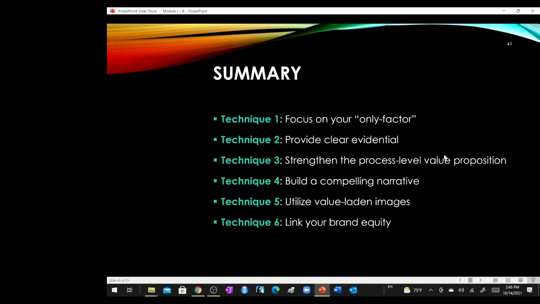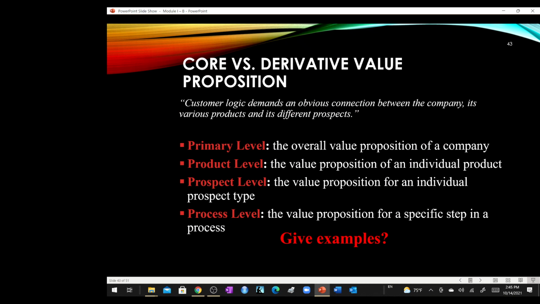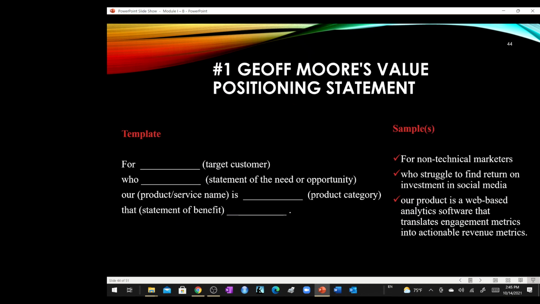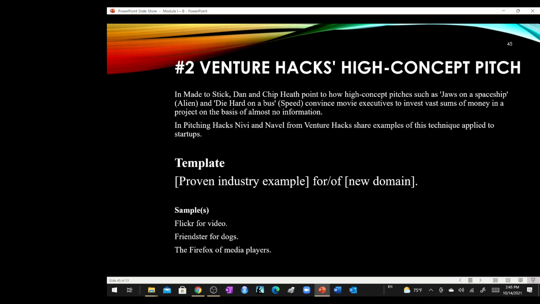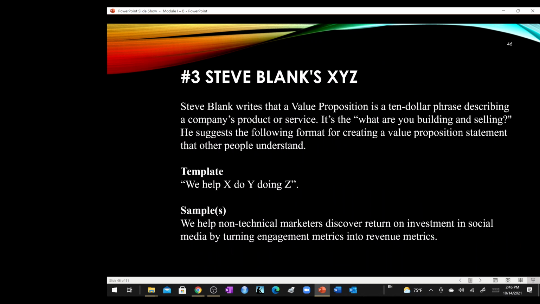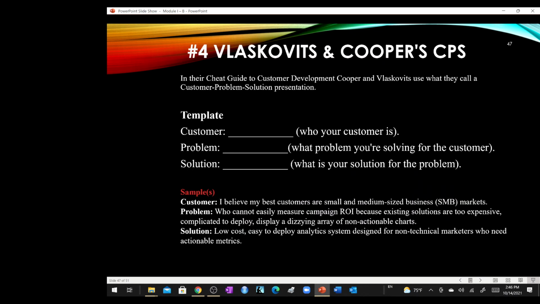Here at the design, so maybe 1, 2, and 6 as techniques. This is focusing on the 1 factor. This is focusing on clear evidential. This is focusing on the process value proposition, and this also. So these ones, you will find out that certain templates cover as many of these or focus on some of these rather than the others.